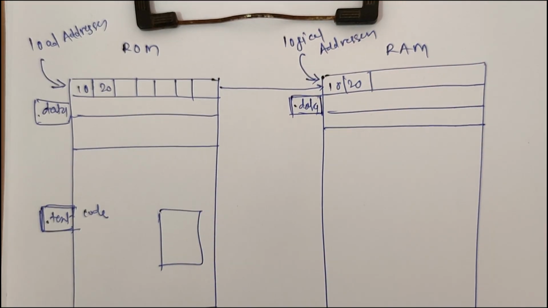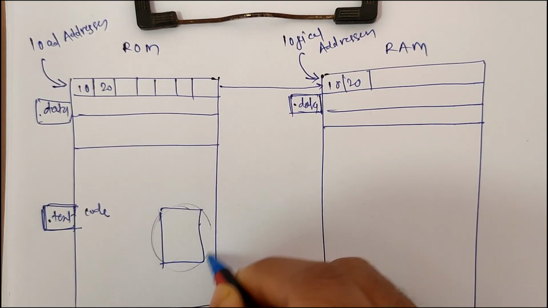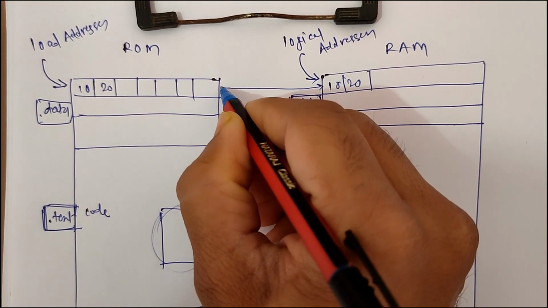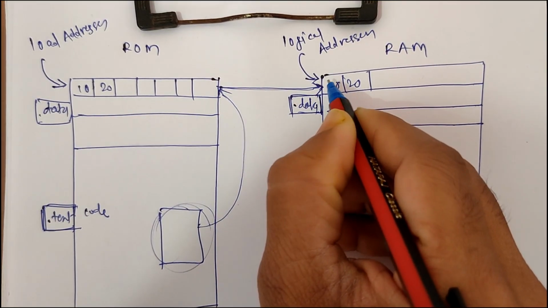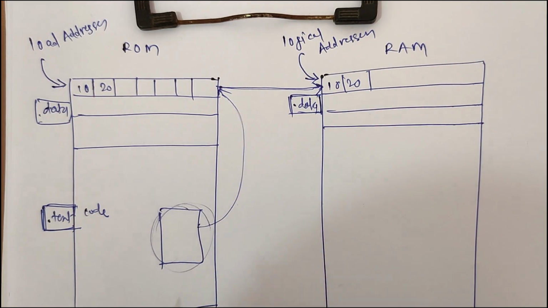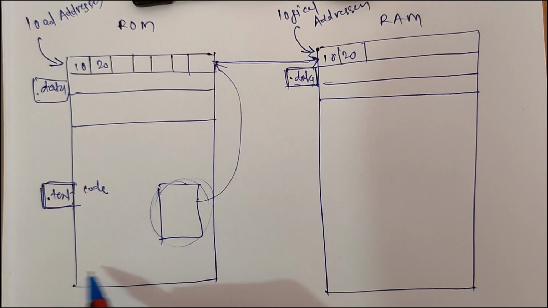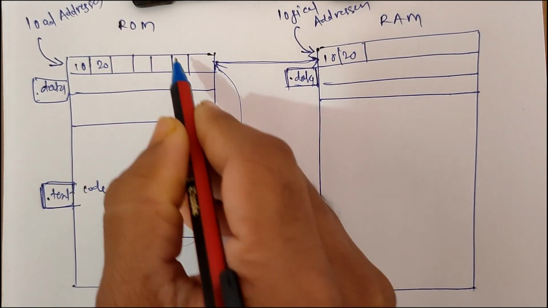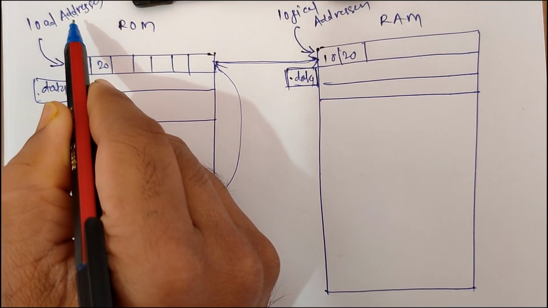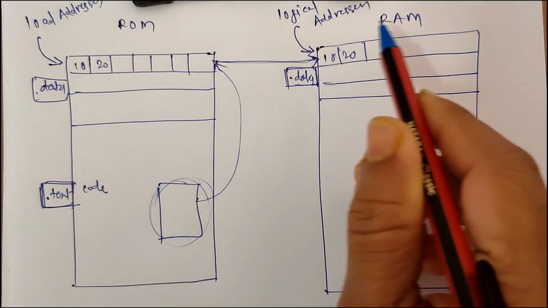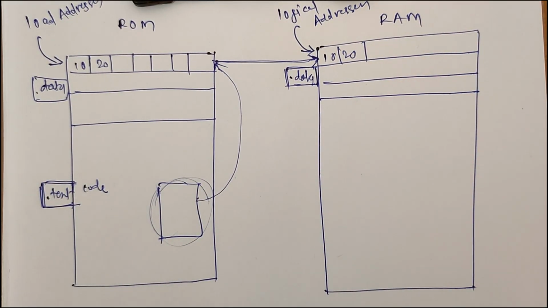We can draw it roughly here. This is the initialization code that takes the values from the load addresses and puts them into RAM, the logical addresses. This ROM region is called the load address region, and this RAM part is called the logical address region. So you should know these things.